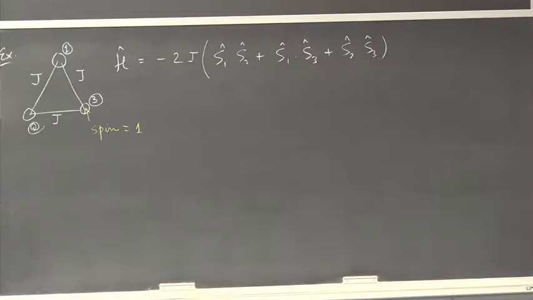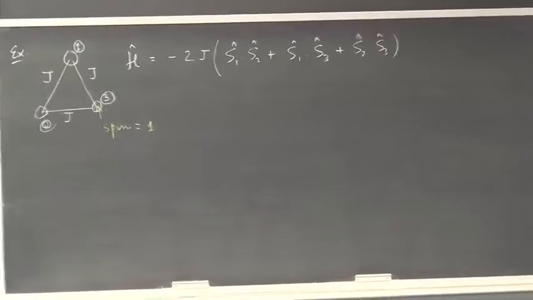The singlet will have an energy given by the eigenvalues. The singlet will have an energy given by plus 3 over 2 J h squared. Okay, so this thing multiplied by minus 2J. The splitting is going to be 2J. So we can find out the energies of the singlets and the triplets.